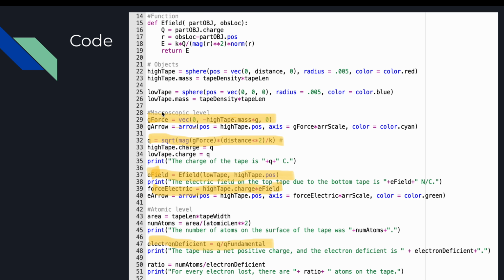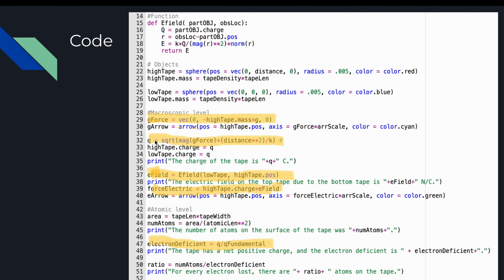Alright, here's my code. So, I have my initial conditions, which were from lines 1 to 14. And then here's my function. The main part is force of gravity, which is just the mass of the top tape times the acceleration of gravity.